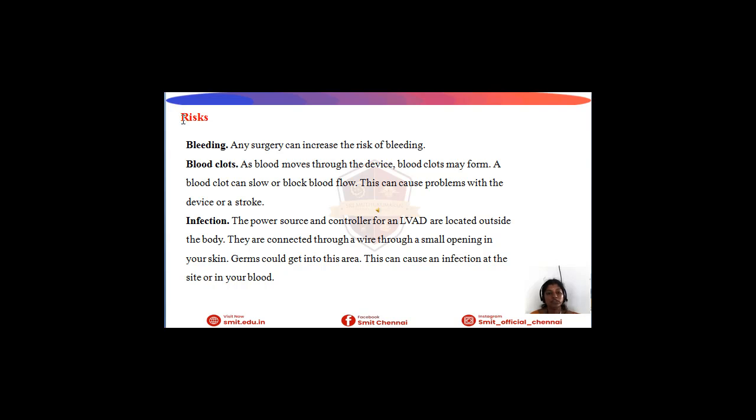During this procedure we can face these problems: bleeding. Any surgery can increase the risk of bleeding, and because this surgery is done in the heart, we can see problems such as blood clots and infection.